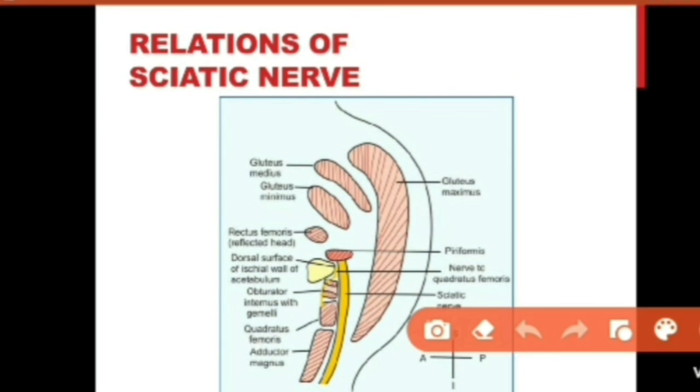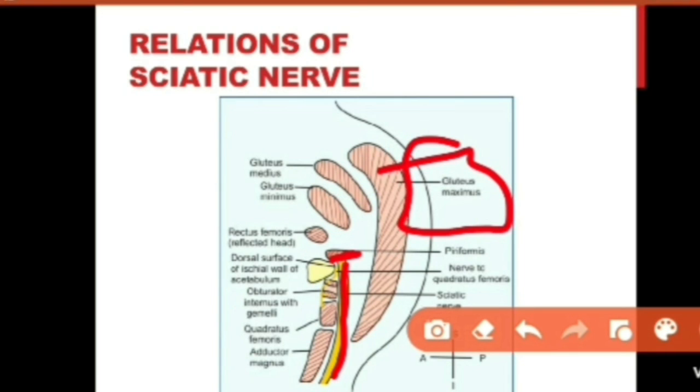Now let's take a look at the relations of the sciatic nerve, which is very important. Now here we locate the sciatic nerve, which is below the piriformis, right? Now first let's consider the one superficial to it. If we look at this illustration and also visualize it, we know that the biggest muscle there, which is covering all these other muscles, is the gluteus maximus, right?